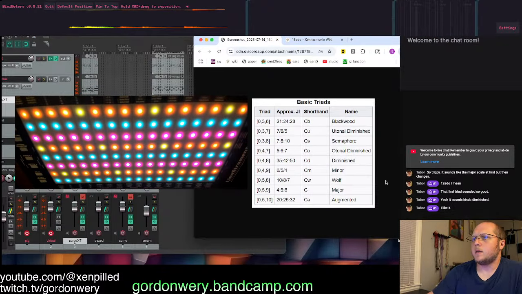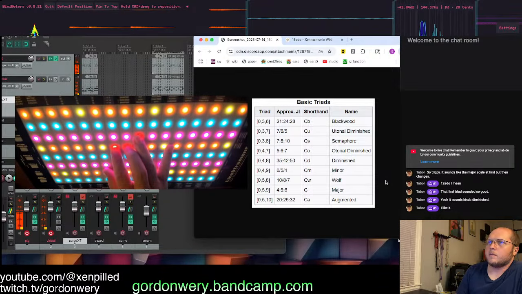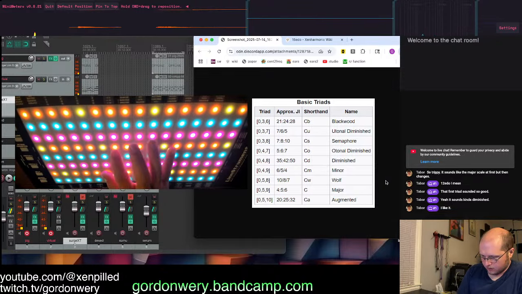Sub minor, then minor would be 3, then 7. That's that U-tonal diminished again.